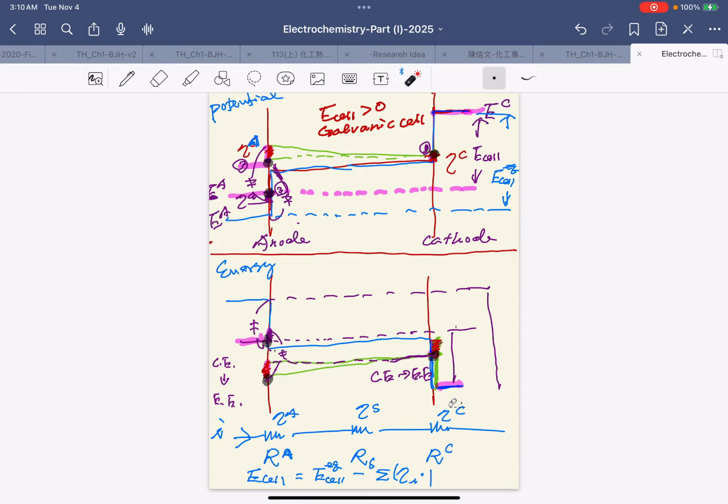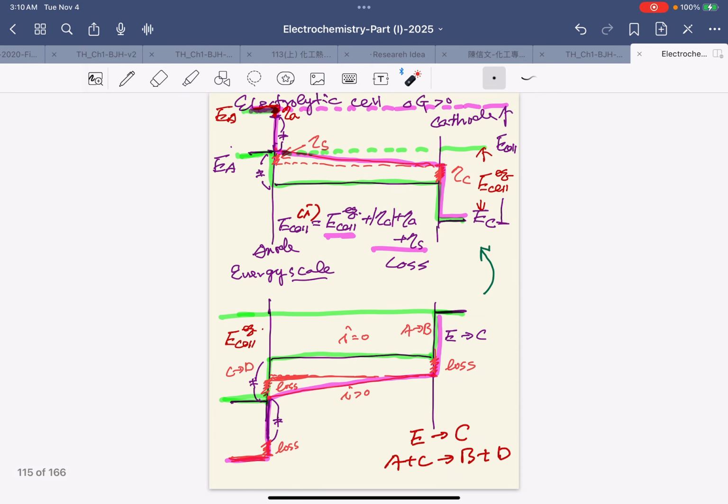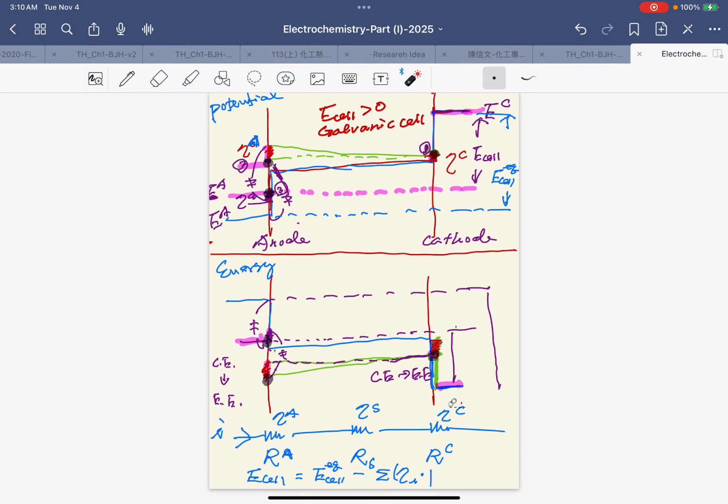Because it's a little bit complicated, I draw the same color so that you can follow. So this original curve, the green one, is thermodynamic, okay?